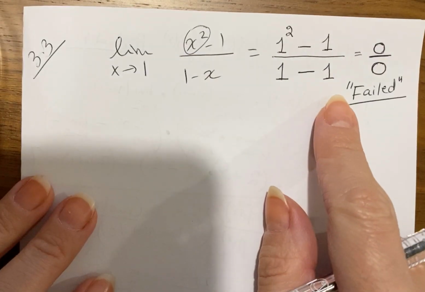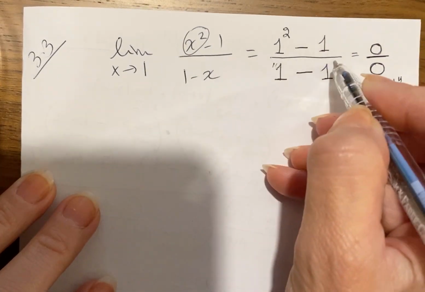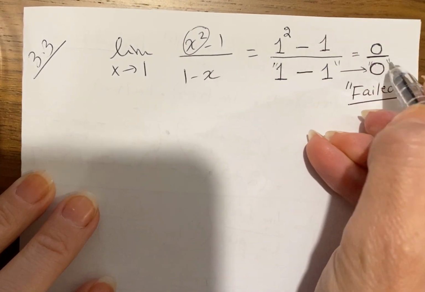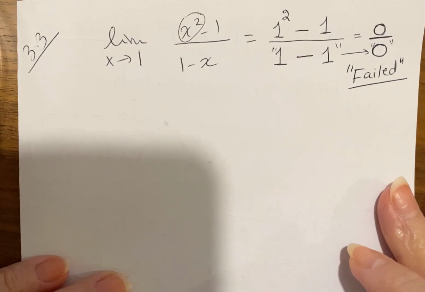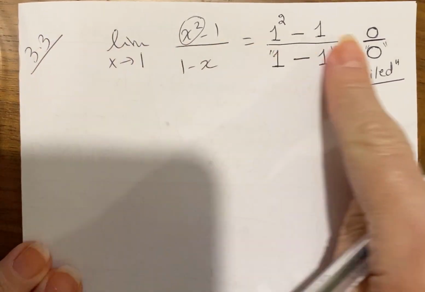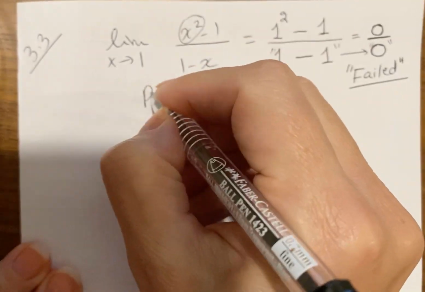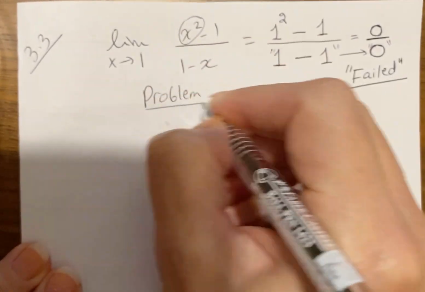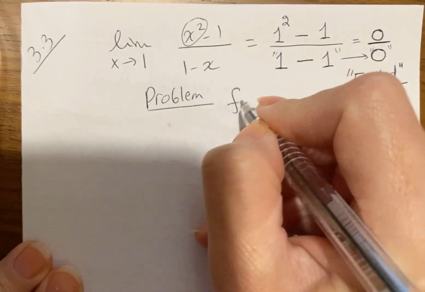Well, I tried using the quotient rule, but the denominator turned out to be 0. And because the denominator turned out to be 0, this method has shown me that there is a problem. What is that problem to start with?